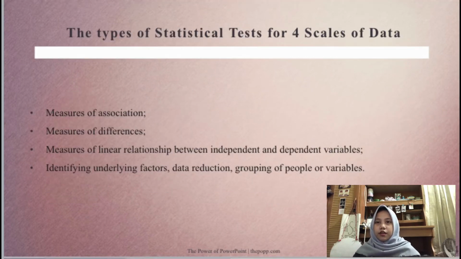Next, the types of statistical tests for the four scales of data: measures of association, measures of differences, measures of linear relationship between independent and dependent variables, and identifying underlying factors, data reduction, grouping of people or variables.